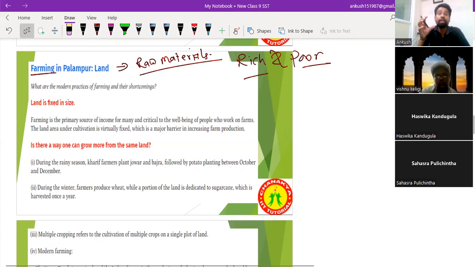See, this is the framing of the village Palampur. Framing in the sense of the structure, or we can say the composition of the village. Now, in every village in the world there are those who are wealthy and those who are poor or moderate, the middle class people.